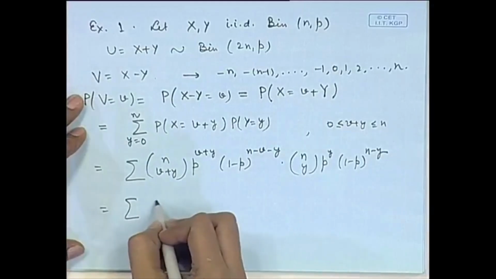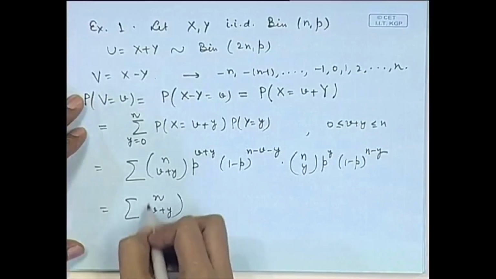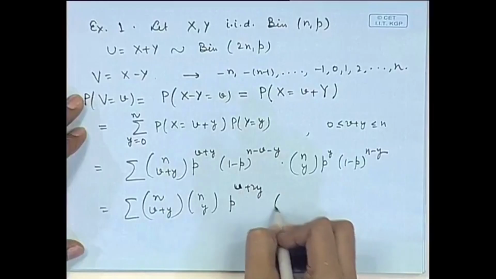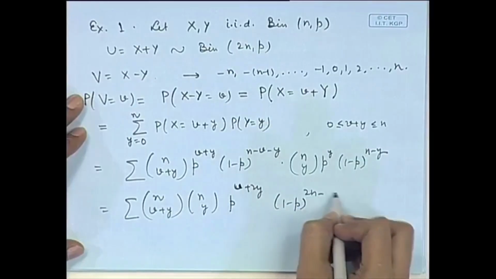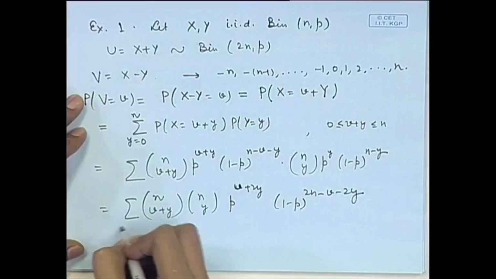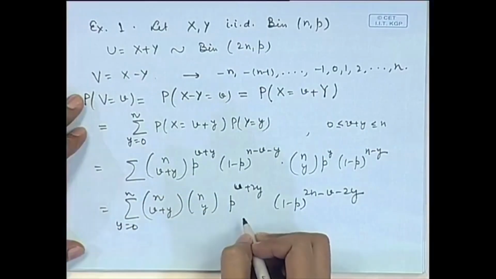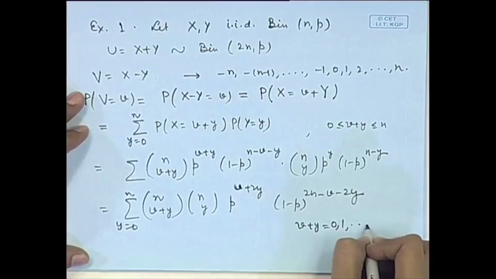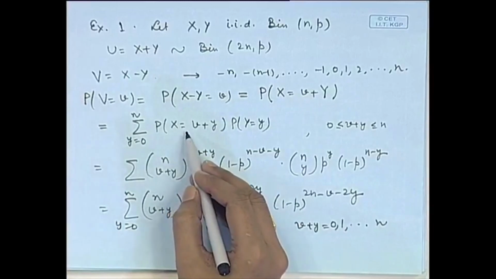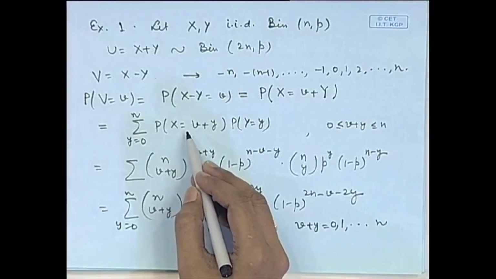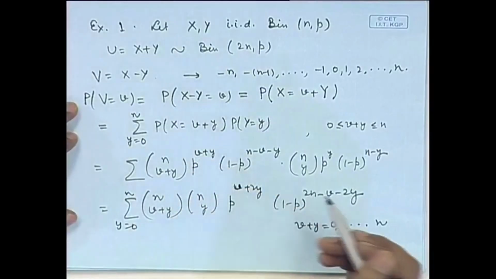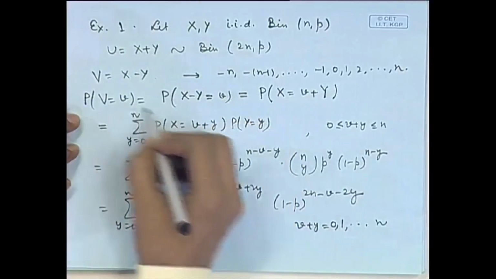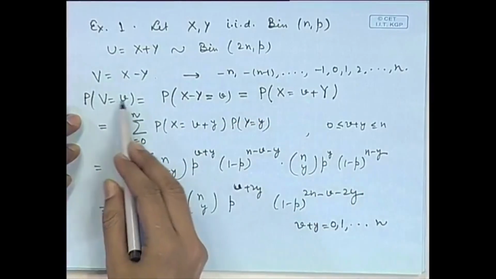So, this is equal to the sum of nC(v+y) nCy p^(v+2y) (1-p)^(2n-v-2y), where y is equal to 0 to n, subject to the condition that v plus y is also taking values 0, 1 to n, because v plus y denotes the value of the random variable X here. So, this shows that in the case of discrete random variables, the probability mass function can be used directly to determine the distribution of a function.